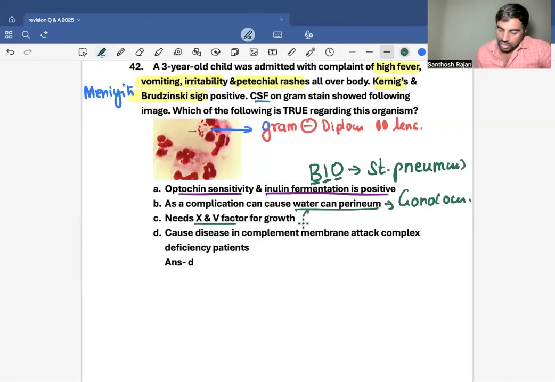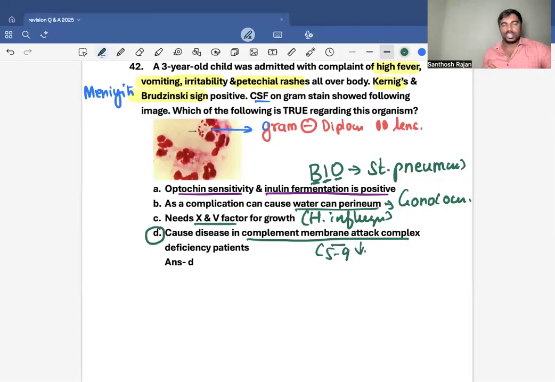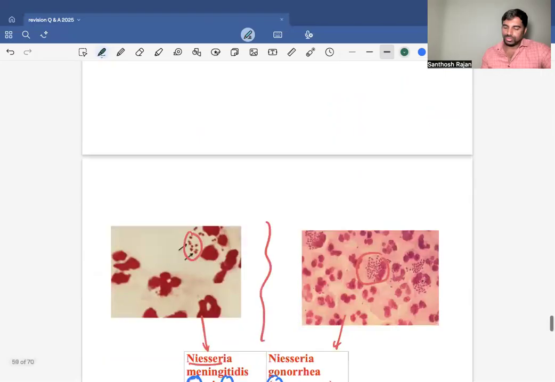Needs X and V factor, that is totally Haemophilus influenzae. Disease in a complement membrane attack deficiency is the right answer. As I just told, if C5 to C9 membrane attack complex goes down, then this infection will be high. So that's the right answer. Expect one question here also.